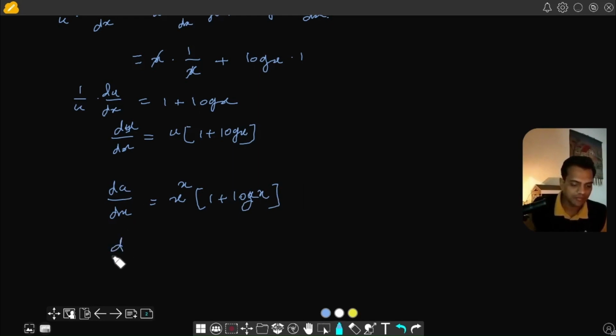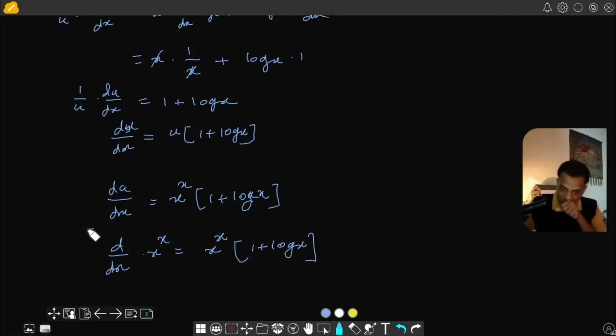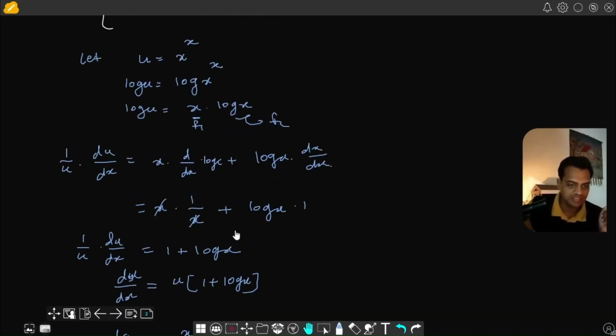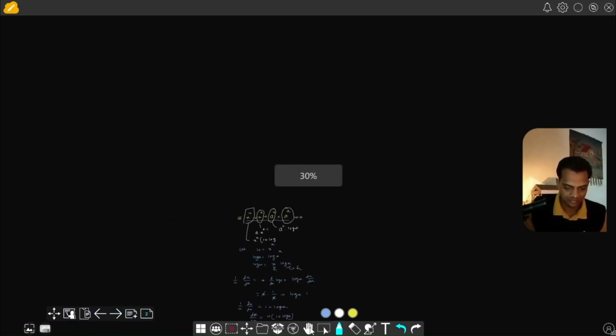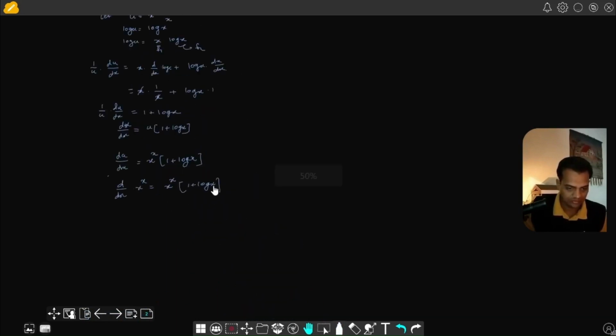So the derivative of x raised to x is equal to x raised to x into 1 plus log of x. Okay, now I know the derivative of this x raised to x term also.